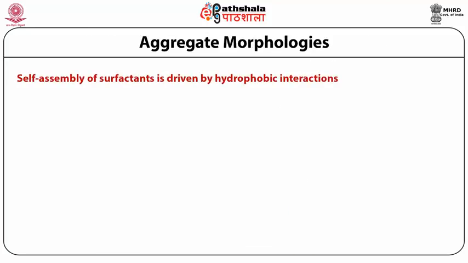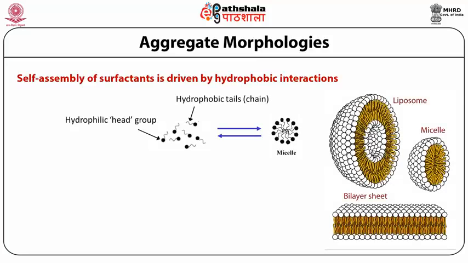Now if you take this amphiphilic molecule which has a hydrophilic head group and a hydrophobic tail, and you try to self-assemble them, if you mix them, they can form different assembly patterns. It can form a monolayer at the air-water interface, where in water the hydrophilic head group will interact and the hydrophobic part will be flanking in the air.